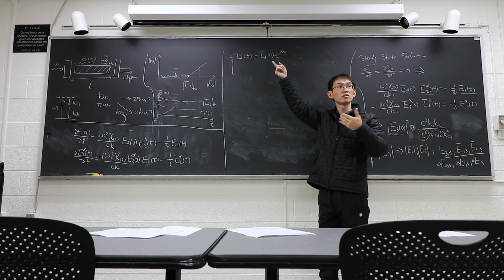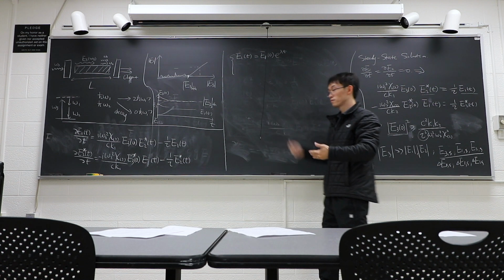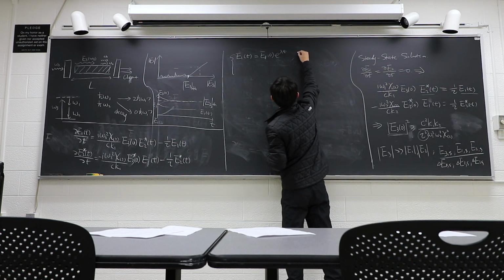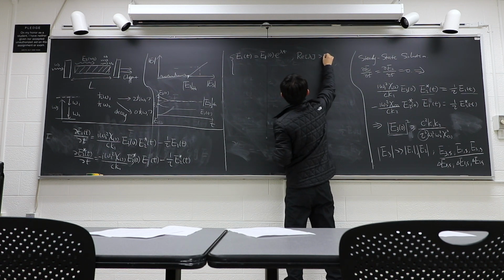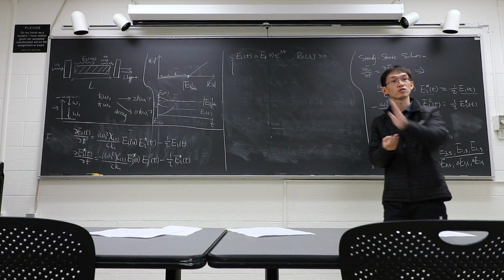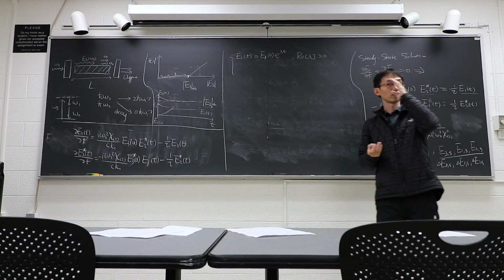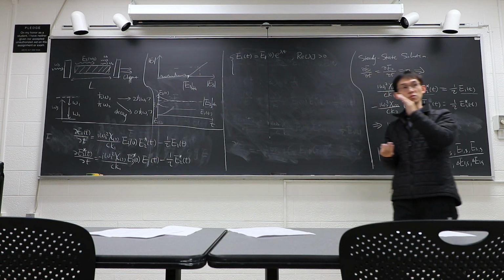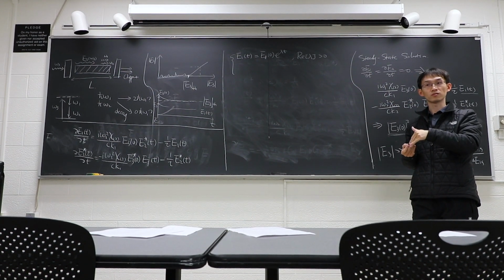It's similar to the perturbation method. If the real part is larger than 0, then you know it's growing. If it's smaller than 0, it's decaying. So one is above threshold, the other is below threshold.